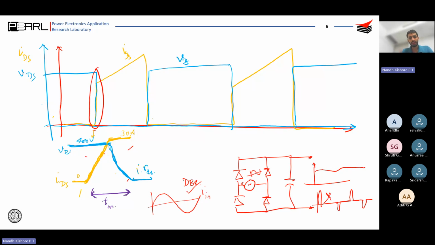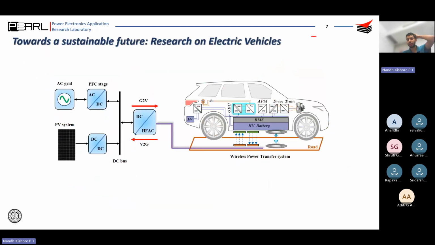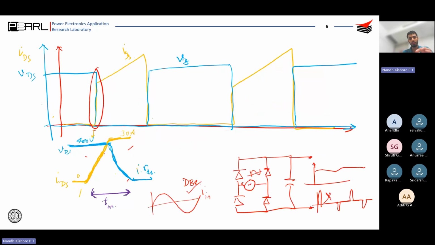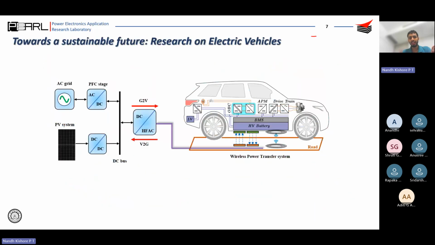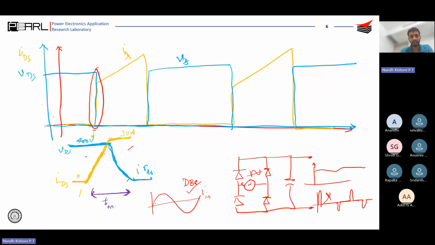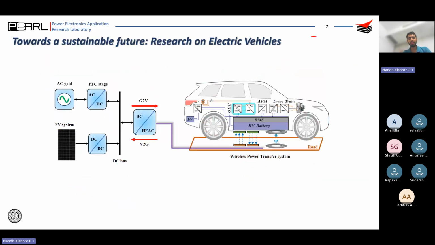In order to get a sinusoidal current, you have what is called a power factor correction stage, right? This is a kind of power electronic converter that can convert AC into a stiff DC voltage while maintaining a sinusoidal input current. Okay, you will study about these more in master's level courses, but just to give you a flavor, this is called a PFC stage.